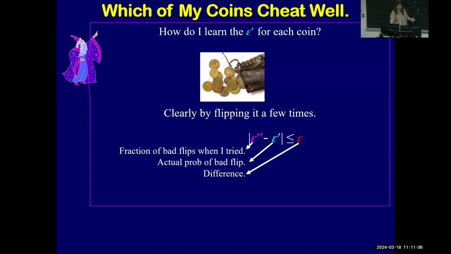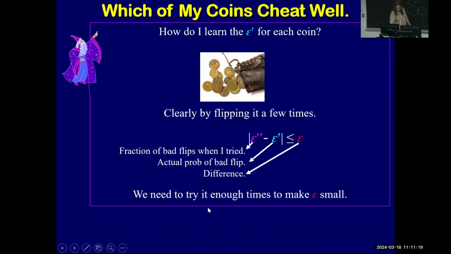Everybody get this? And we just measure how close we are. Does that make sense? So what the law of large numbers tells us is that the more times we flip the coin, the more accurate our purple number will be, and the closer we will be to the actual number, right? Everybody buy that?